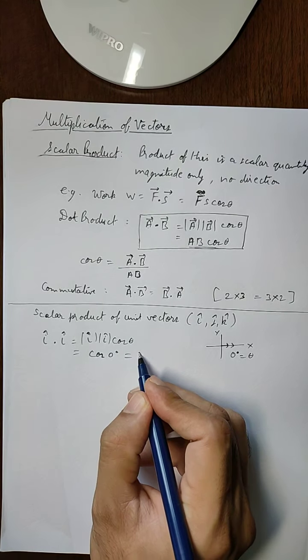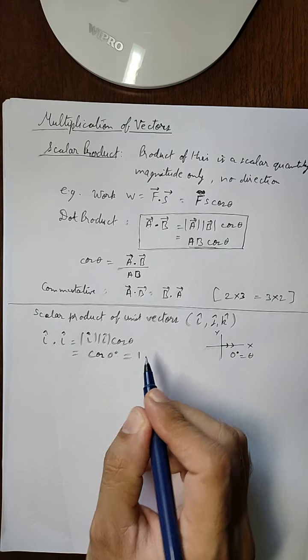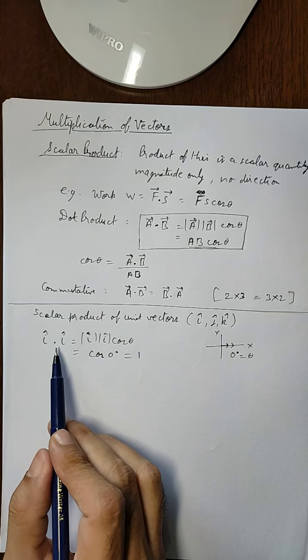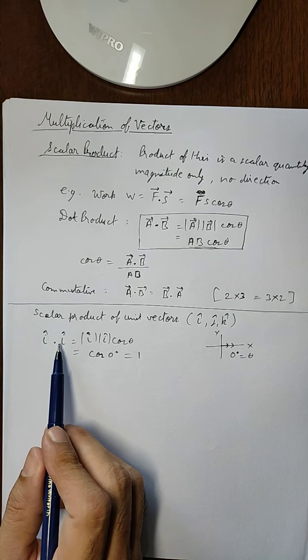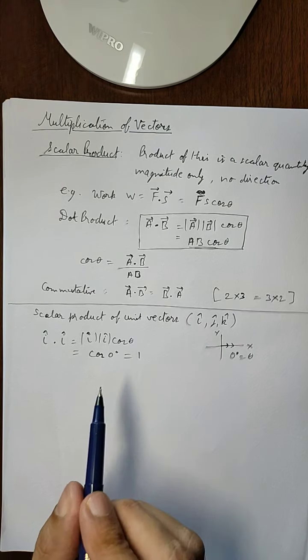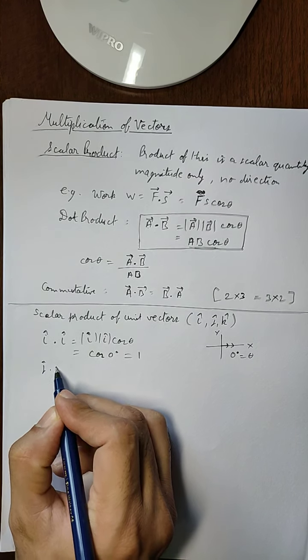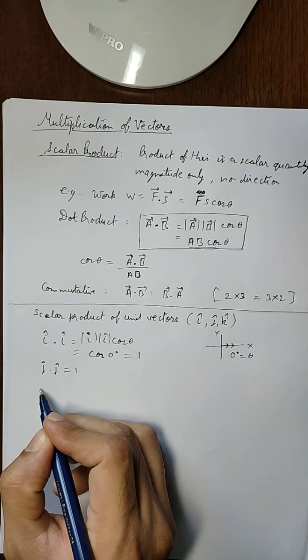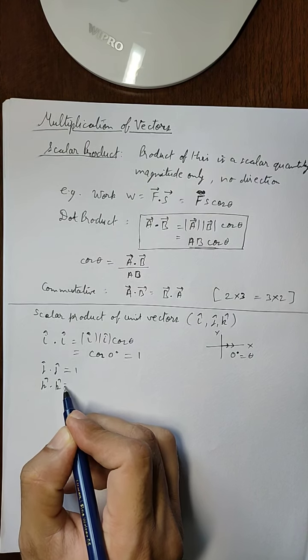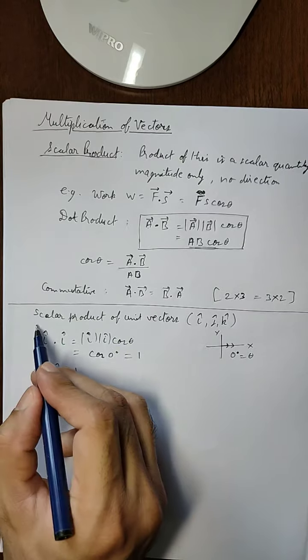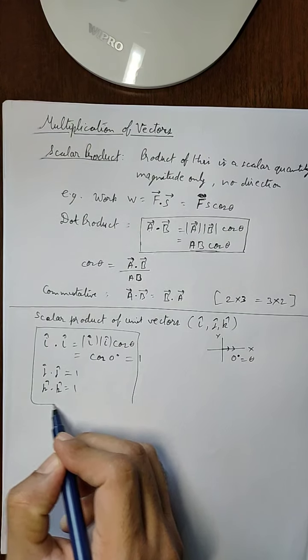Now what is cos 0 degree? It is 1. That means when we are having scalar product of a unit vector with itself, we are going to get result as 1 because the angle between them is 0 degree. Similarly, j cap dot j cap will also be 1, and k cap dot k cap will also be equal to 1.